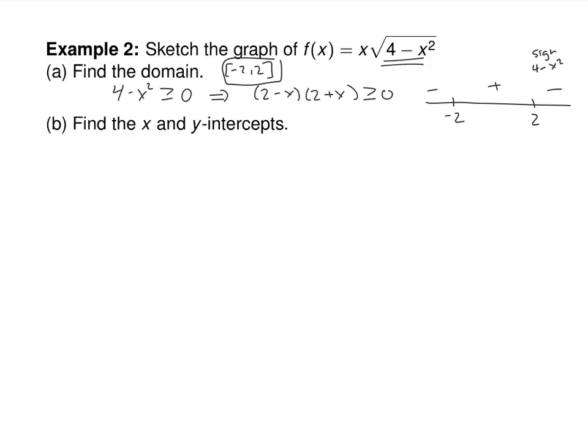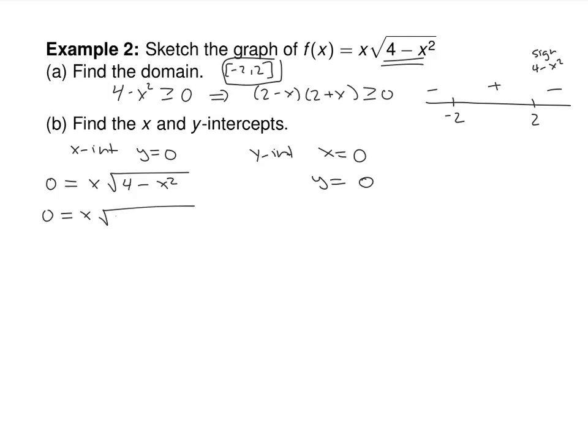Okay. X and Y intercepts. So x-intercept, set y to 0, y-intercept, set x to 0. That one's the easy one. That gives us y equals 0. The functions don't always go through the origin, it's just that a lot of the ones we're going to graph do. The x-intercepts are not impossible. That's 0 equals x times the root of 2 minus x times 2 plus x.